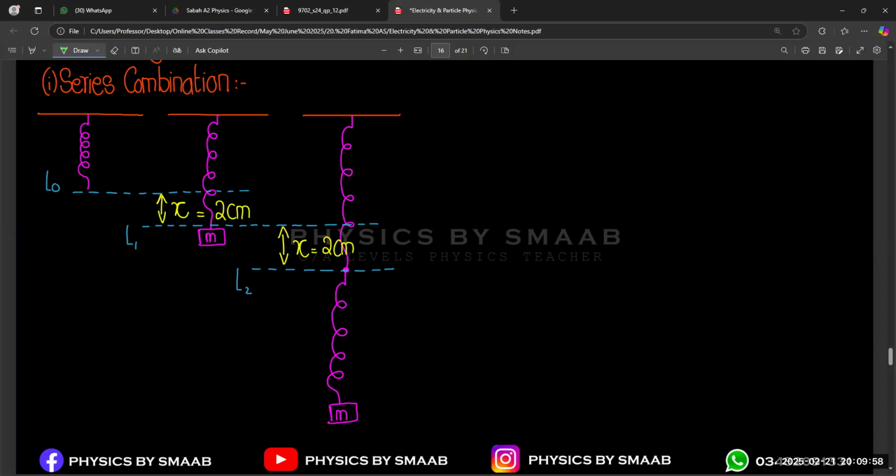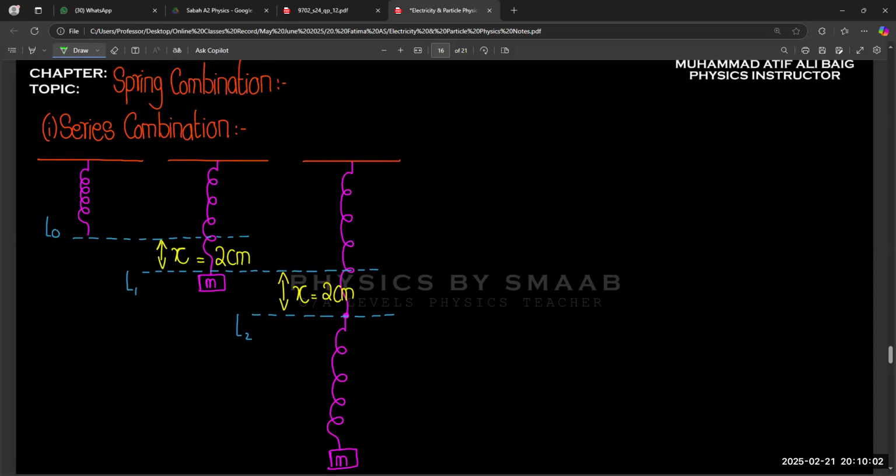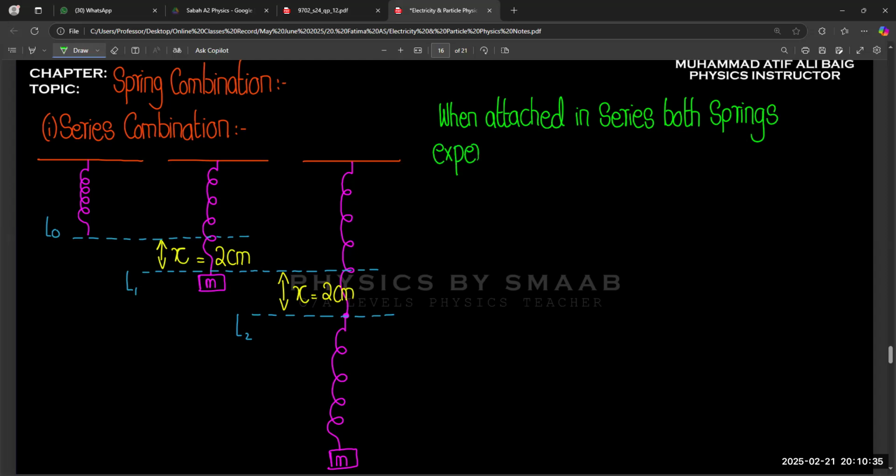It means that when attached in series, both springs experience the same force.